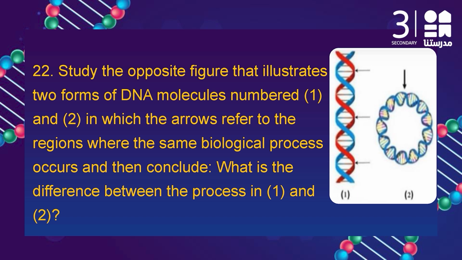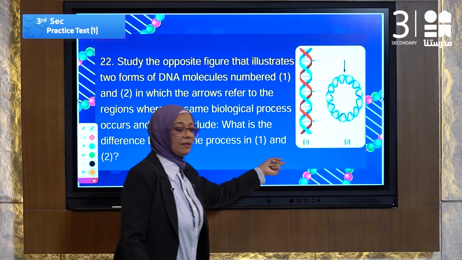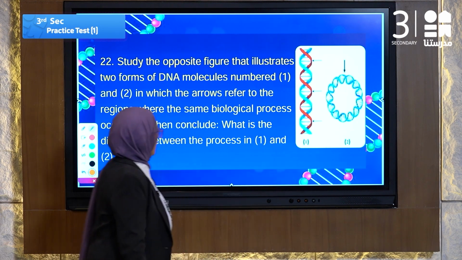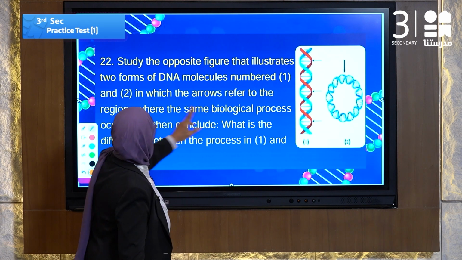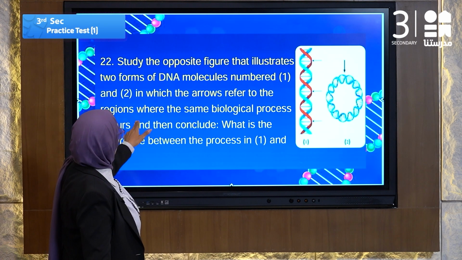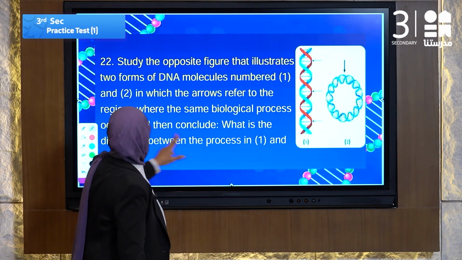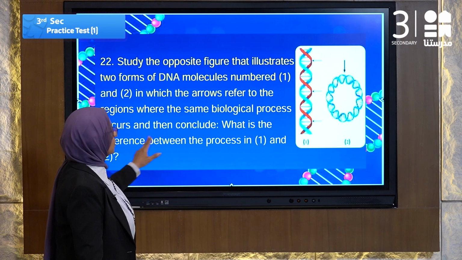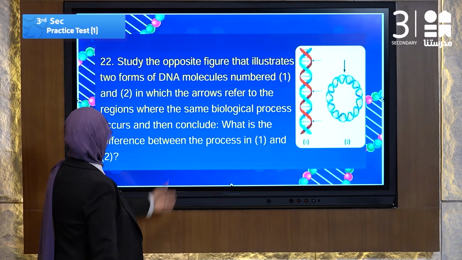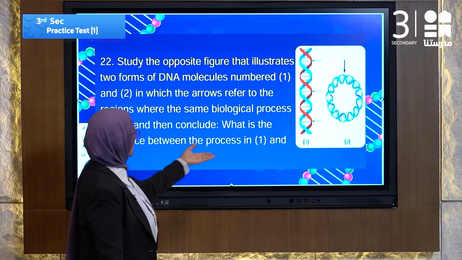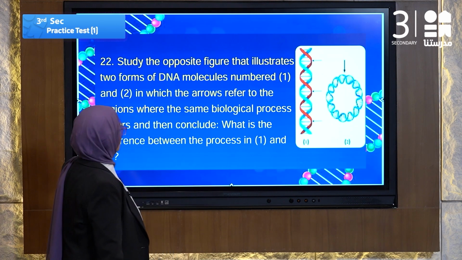Study the opposite figure that illustrates two forms of DNA molecules, number 1 and number 2, in which the arrow refers to the region where the same biological process occurs, and then conclude. What is the difference between the process in 1 and the process in 2?